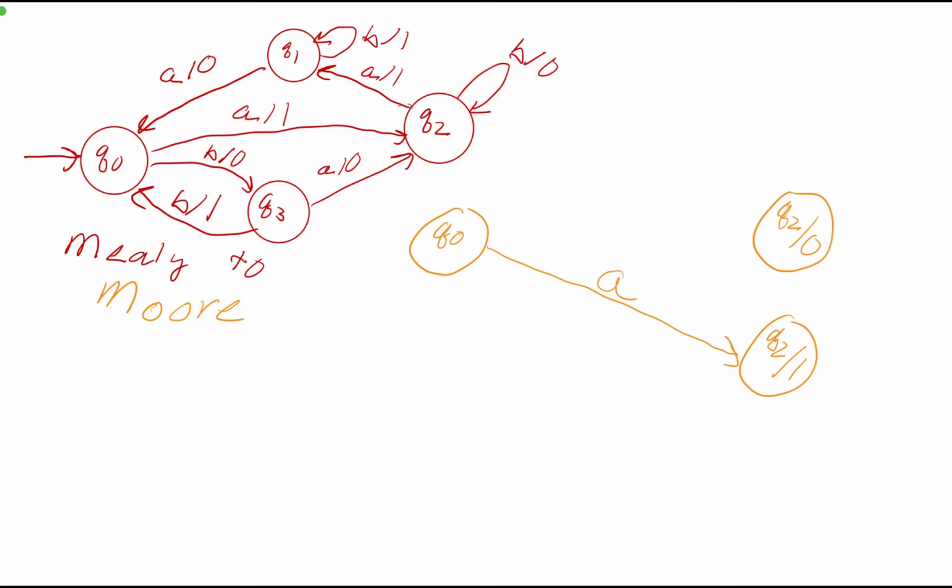So when we get a B, we just go there, but in this state, we also go here because whenever we get a B, we want to go to the Q2 state that produces a 0. Now, when we get an A in Q2, we're going to go up to that state.